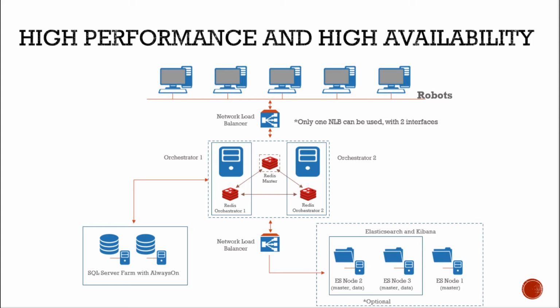To give you a brief about a split brain problem, for example, if there is only a master data and master data environment, as in we have only two nodes, both denoted with master data. One acts as a master and the other one acts as data at the moment.